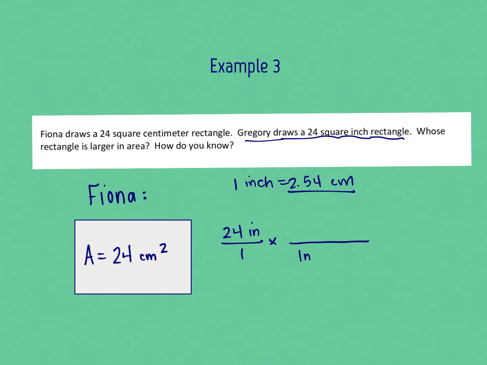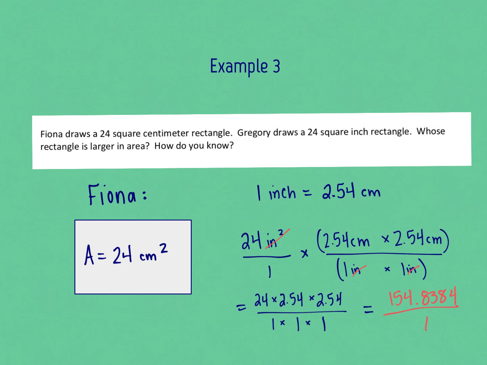So we have to do 1 inch times 1 inch because since it's squared, that's 2 inch pieces. So we have to do 2.54 centimeters times 2.54 centimeters, because 2.54 centimeters equals 1 inch, and we have to do that twice because we are measuring in square inches.